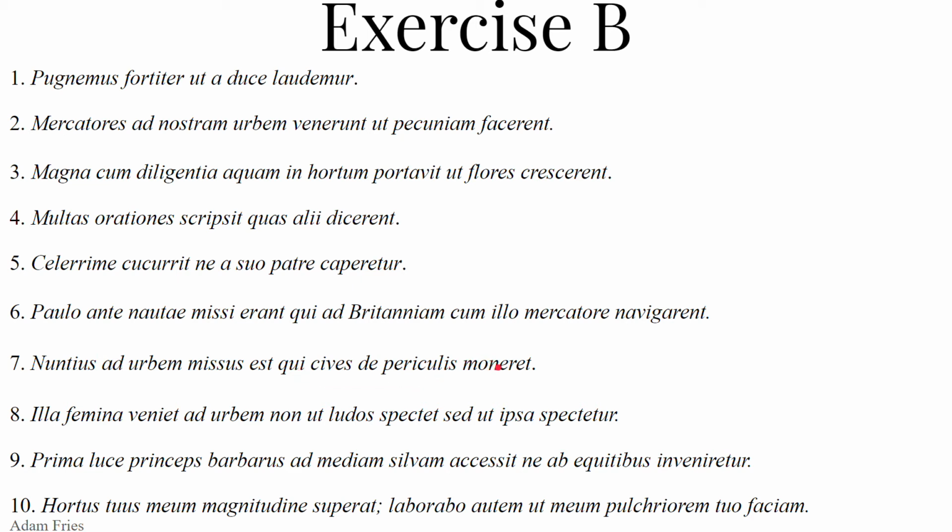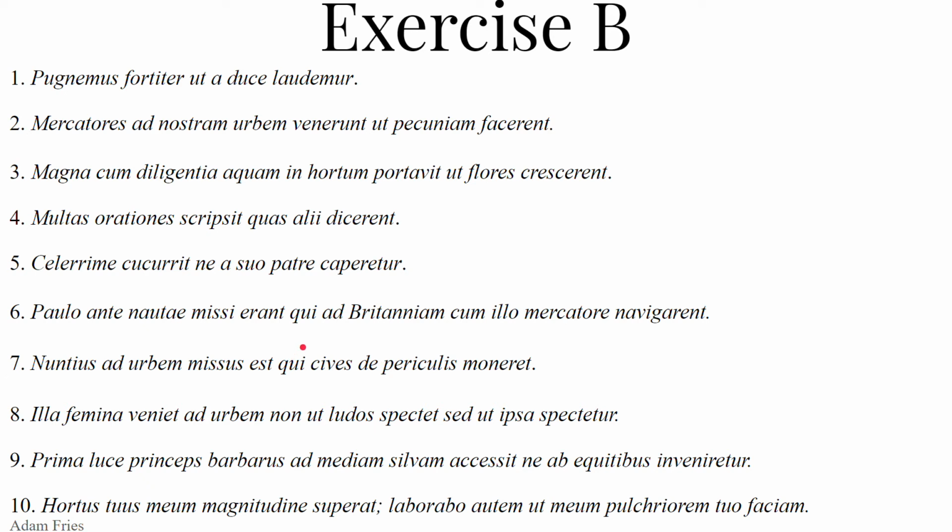Who was to warn, so that he might warn the cives, the direct object, plural, masculine or feminine citizens, about, de plus the ablative, the periculum, neuter, ablative plural, dangers. A messenger was sent to the city who was to warn the citizens about the dangers, so that he might warn the citizens about the dangers.